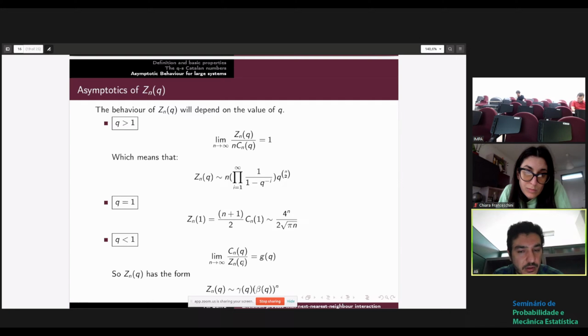But they are still comparable in the sense that their ratio converges to some function. So Z_n(q) has this form, which is some function of q to the power of n multiplied by a factor.